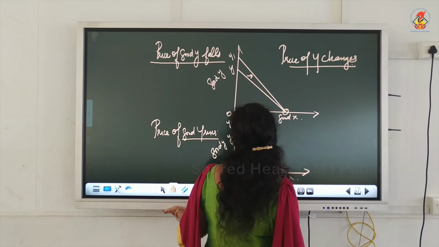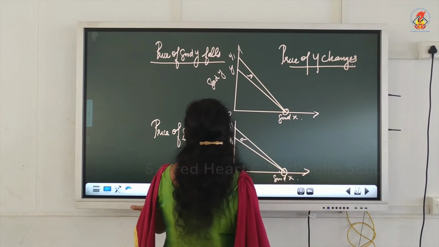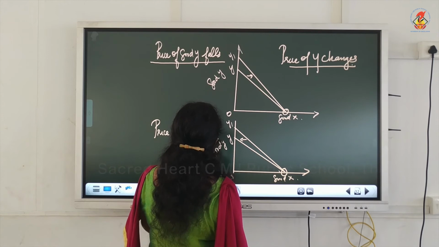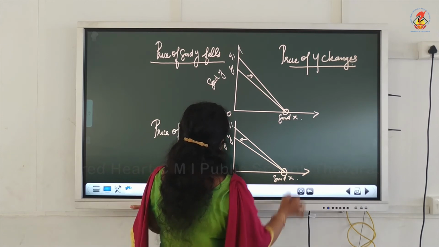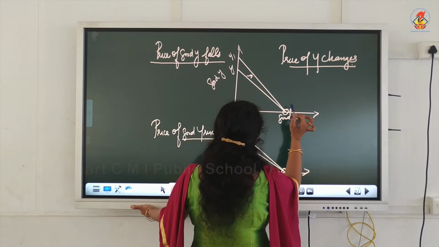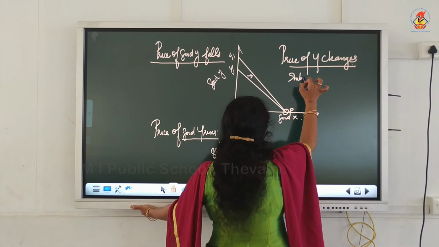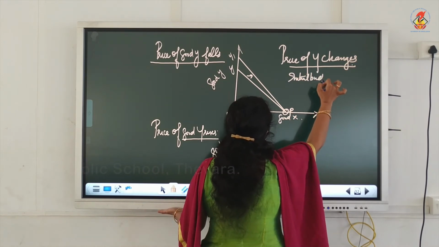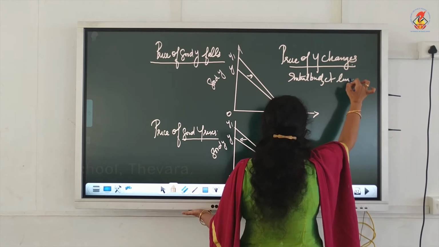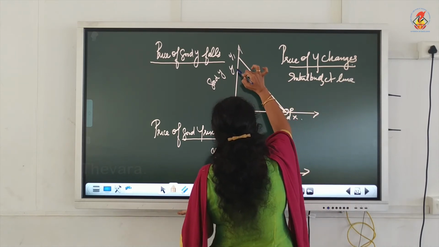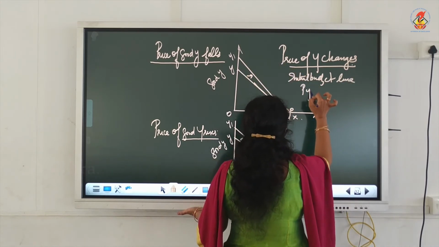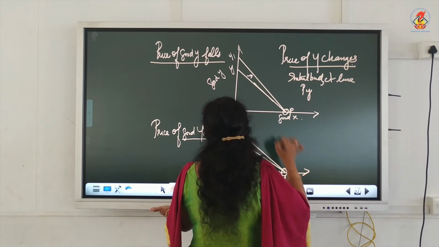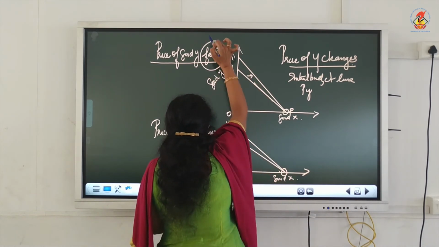So, how will you draw for y? When the price of good y falls, how will you mark it? More of y will be purchased. Here, the initial budget line is Py. When the price of y has come down, more of y is purchased.